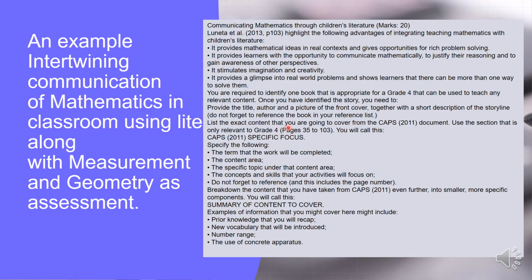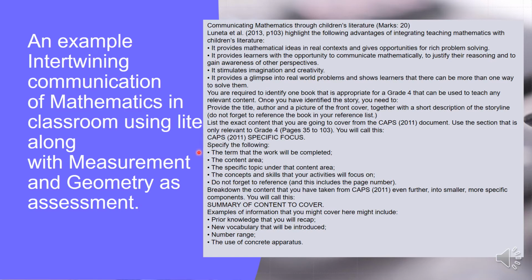List the exact content you are going to cover from the CAPS documents, and that is only under grade 4, which is pages 35 to 103. You will call this the CAPS specific focus.